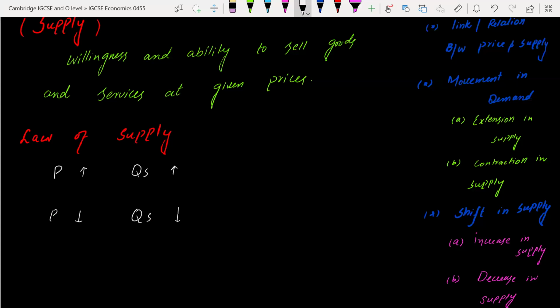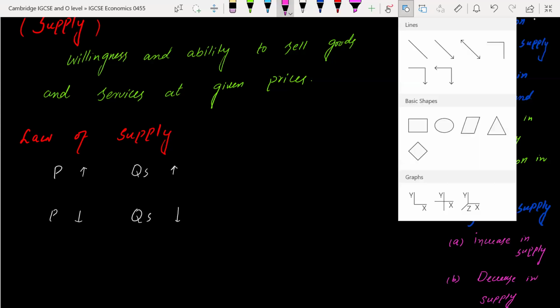In our next topic, when we discuss shift in supply and increase or decrease, there will be a change in supply, but that will not be due to change in prices. Maybe the prices will remain the same; it is due to non-price factors. So all the time keep in mind, if there is a change in supply due to change in price, it's called movement in supply. Normally we call it extension and contraction in supply.